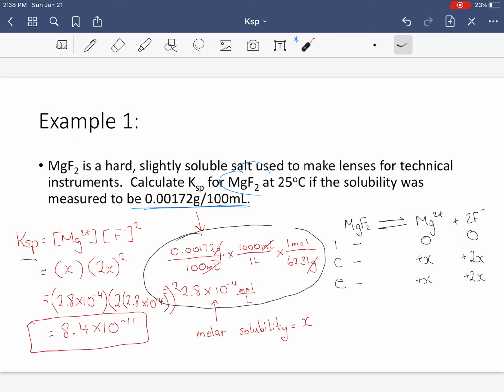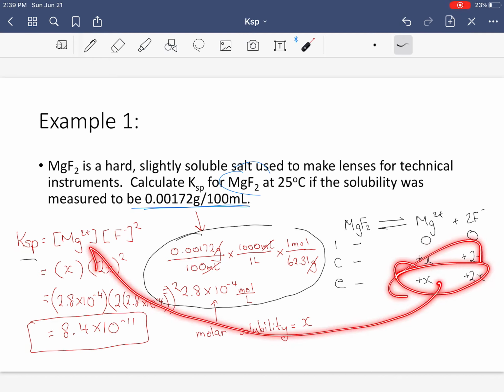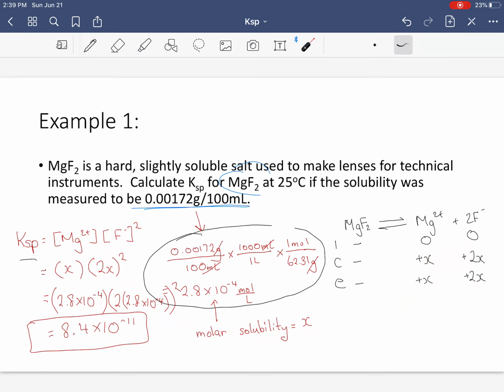If you were to create the equilibrium expression as is and plug this into your Ksp expression, knowing that this value right here is experimentally determined, and you turn it into a molarity, that has a special meaning known as molar solubility. So put that all into your expression, and you should get your Ksp value for that particular compound. So hopefully that's not too hard to do.